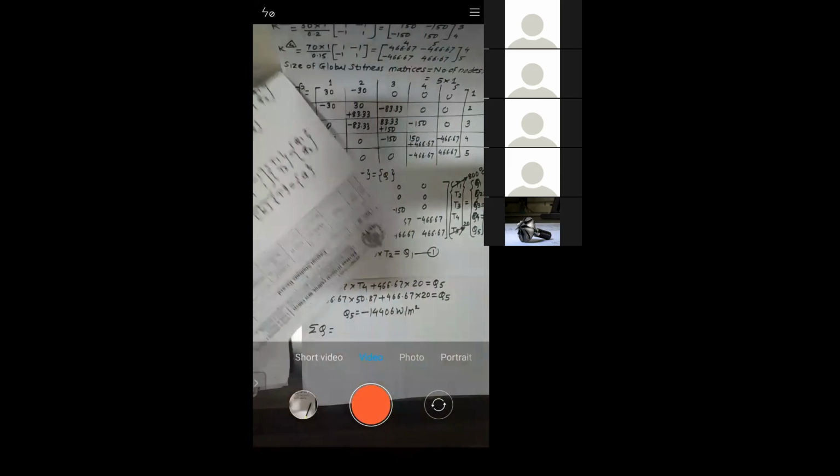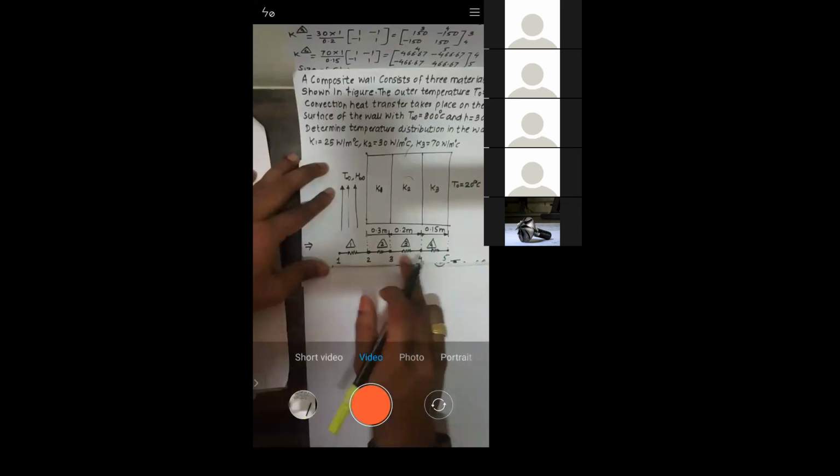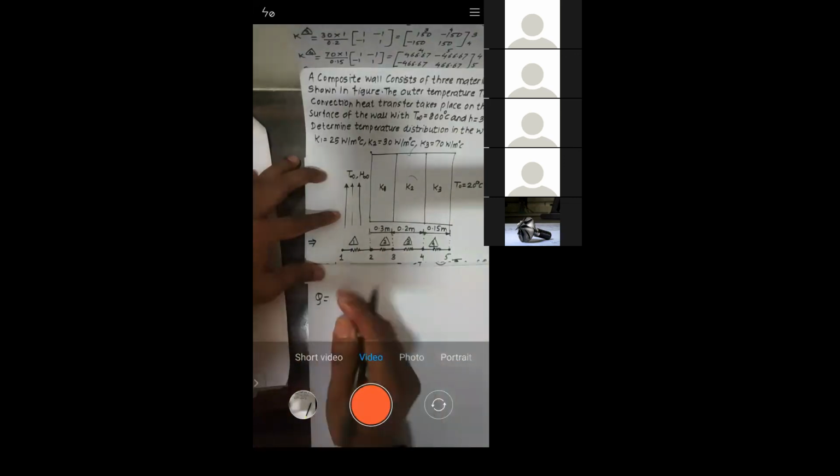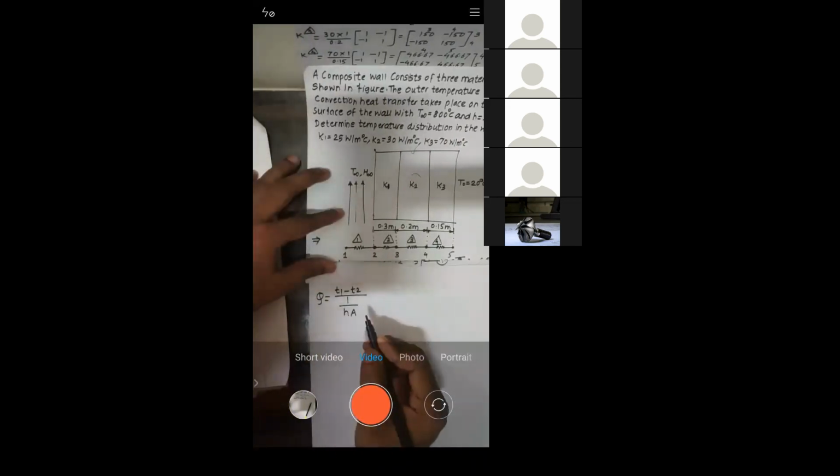Just take this simple example. See, for this diagram only you take node 1, node 2, node 3, node 4, and node 5. If I ask you what is the value of Q through element number 1, how will you calculate? You will calculate like T1 minus T2 upon 1 by HA. Is it okay or not?